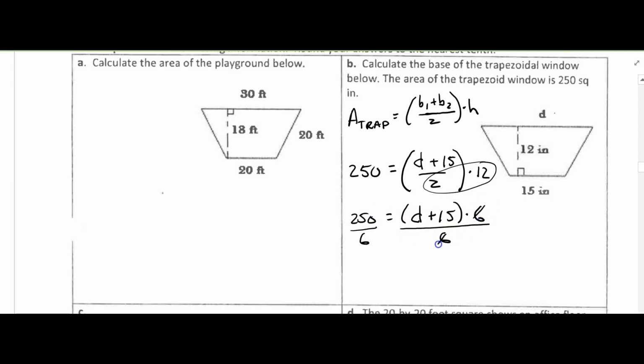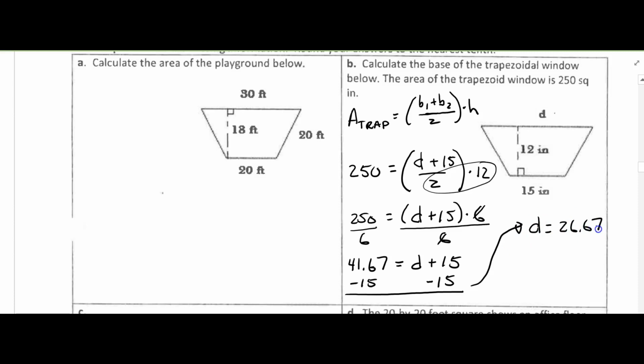All right, so these are going to cancel out. And I end up here with 41.67 is equal to D plus 15. And then I'll subtract 15 from both sides. Let's continue over here. And I end up with D is equal to 26.67 inches.